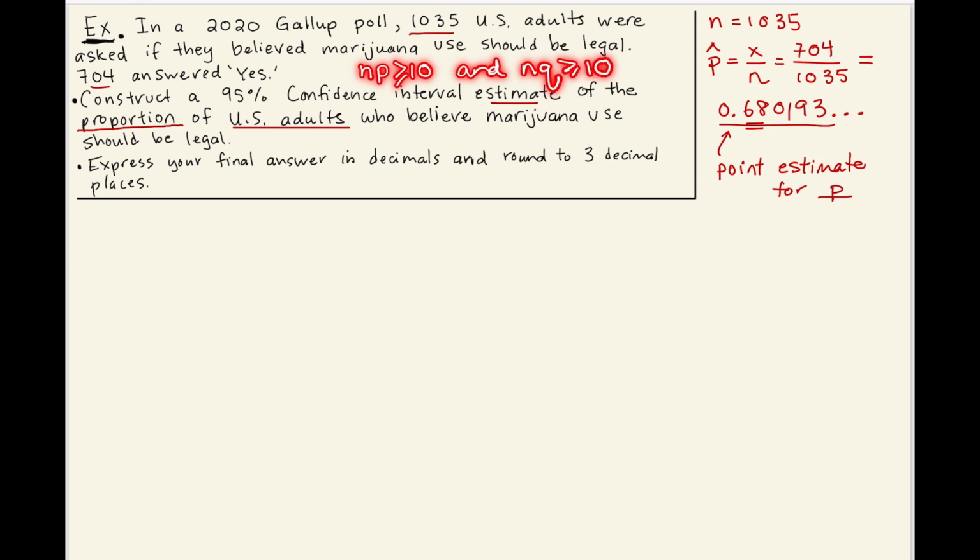That's essentially just saying that 704 people answered yes, that would be equal to NP, and that means 331 answered no, and that would be NQ. So we just have to make sure those are both greater than 10 so that we can assume the sampling distribution of the sample proportions is approximately normal.